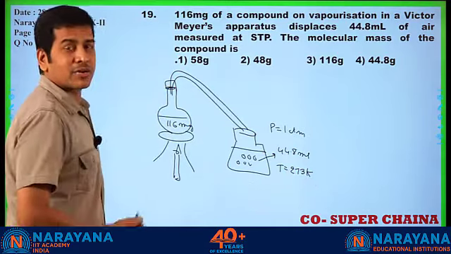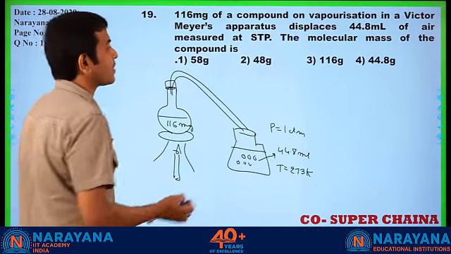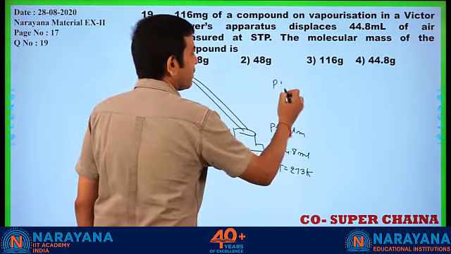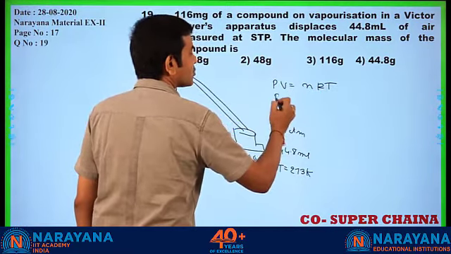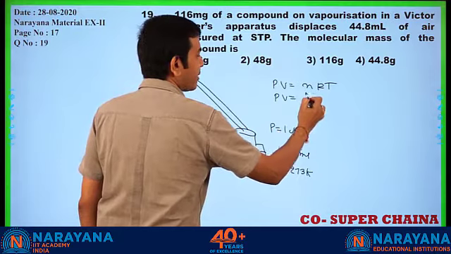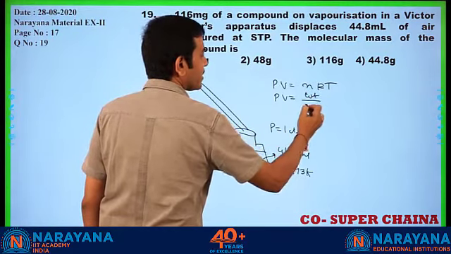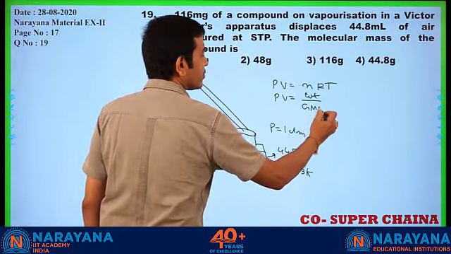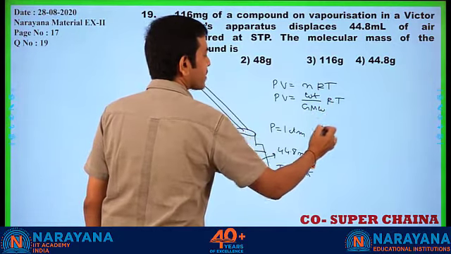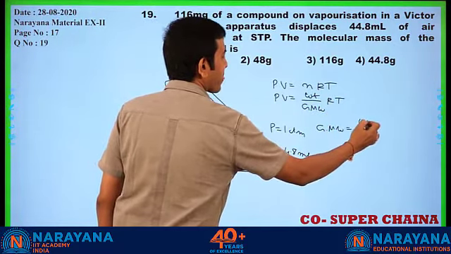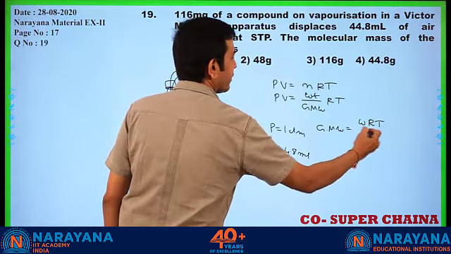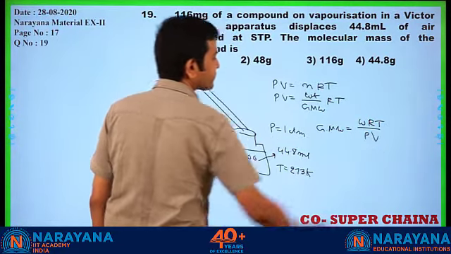He is asking about molecular weight. Ideal gas equation, PV is equal to nRT. So PV is equal to weight by gram molecular weight into R into T. Now gram molecular weight is equal to WRT by PV.